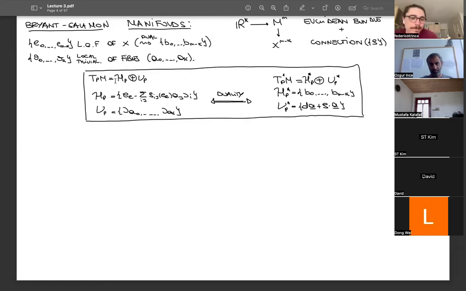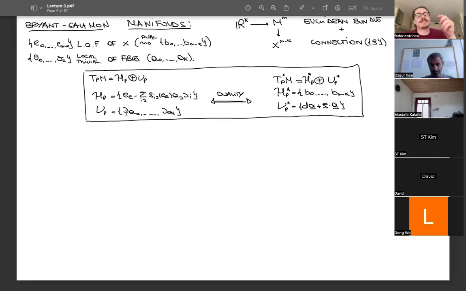The connection form that I have on my vector bundle implies that the tangent space and the cotangent space both split into a horizontal part and a vertical part. The horizontal part can be characterized by this equation here. So we pick the element of the local orthonormal frame and we subtract this connection term.